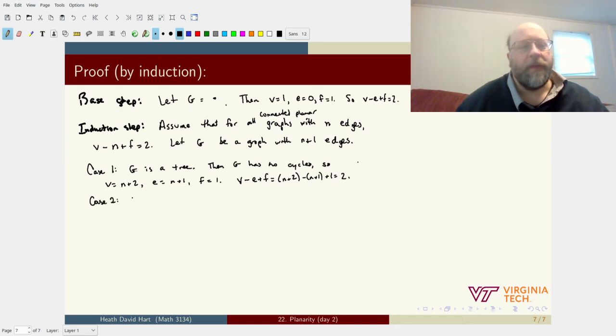Case 2, G is not a tree. Then at least one of our edges is part of a cycle. So let, I can't call it E because E is the number of edges, not a specific edge. So let capital E be an edge which is part of a cycle.